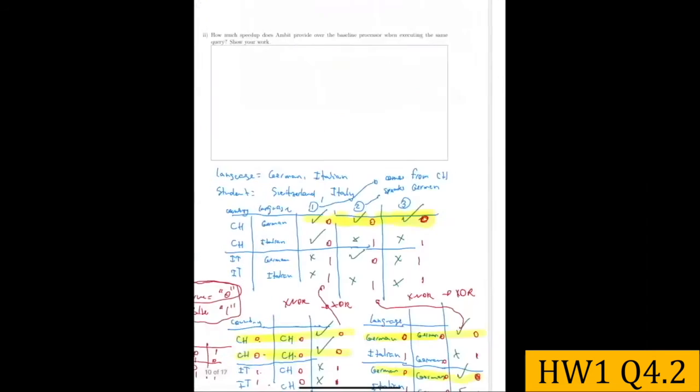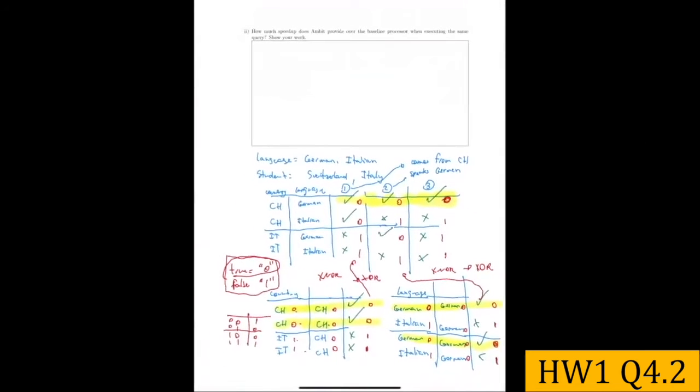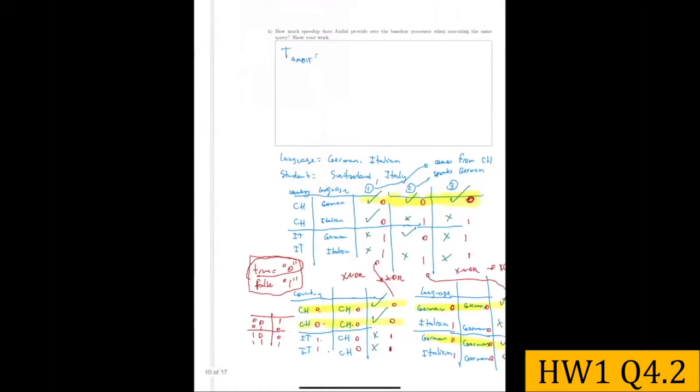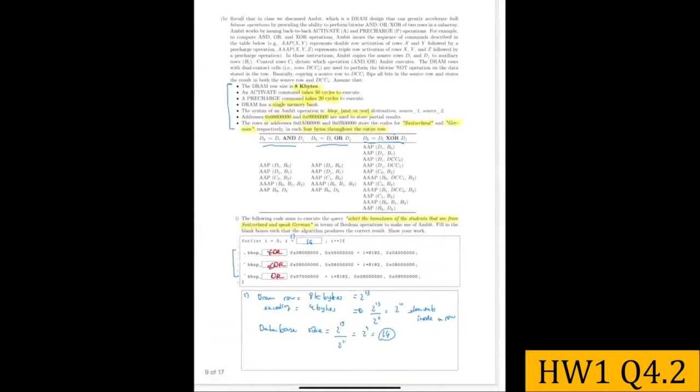And then finally, the question asks you how much speed up does Ambit provide over the baseline when executing the query. So pretty much what we need to do is figure out the time to execute Ambit operations. So you're going to execute this loop here 16 times, right?